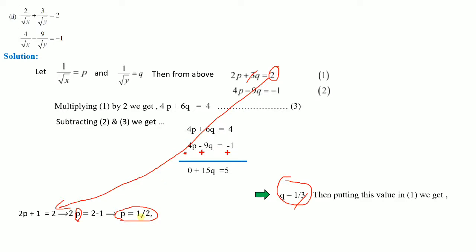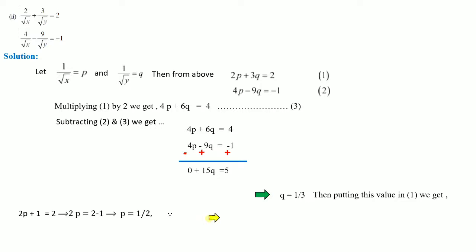Now, as I told you in the previous question, this is not our final solution. Since the question was in x and y, we have to go back for x and y. So we will go for that. Since we have x is equal to 4, now I explain how. Look here, 1 upon root x equals p. Now the value of p we got is 1 by 2, so I am going to write here 1 by 2.